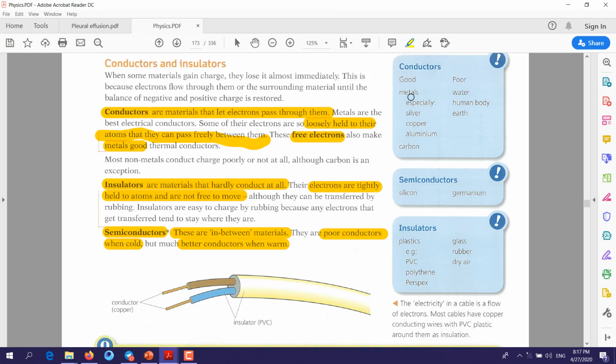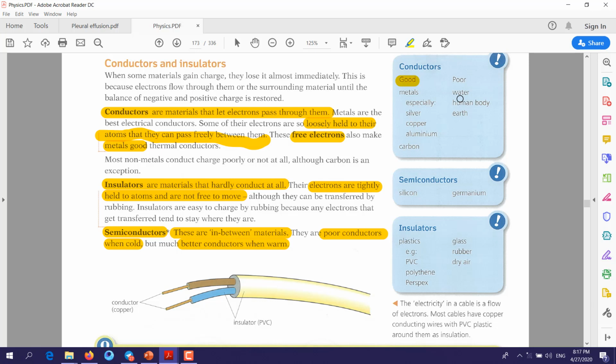If you look at these three tables, you will have examples of conductors, insulators, and semiconductors. Conductors: good conductors like metals, especially silver, copper, aluminum, and poor conductors, water. Here, maybe you will say, but Mr., water conducts electricity.